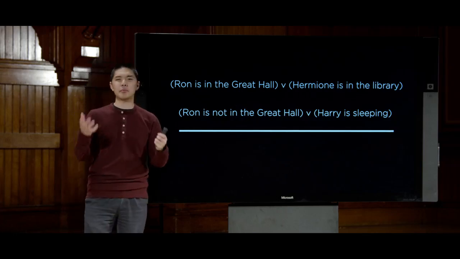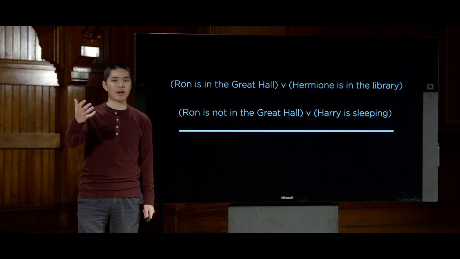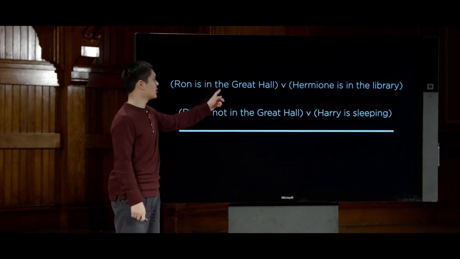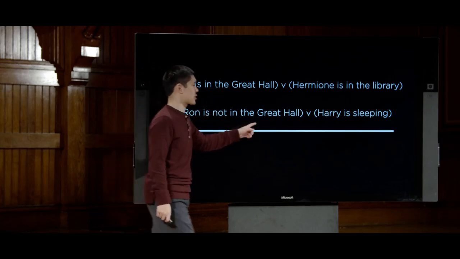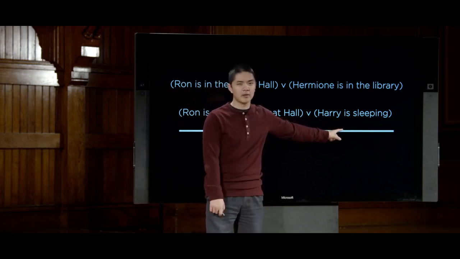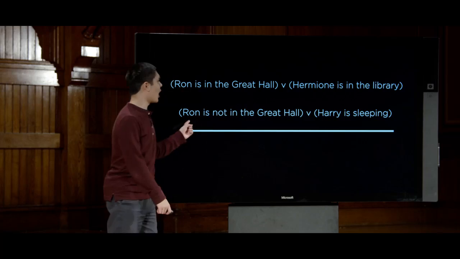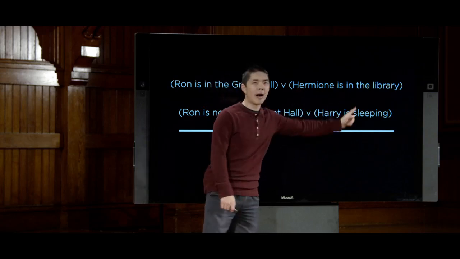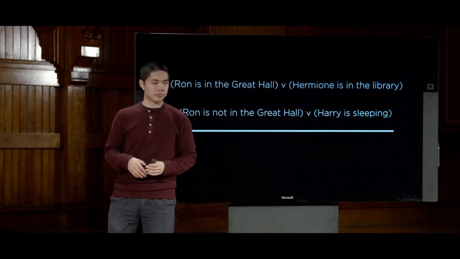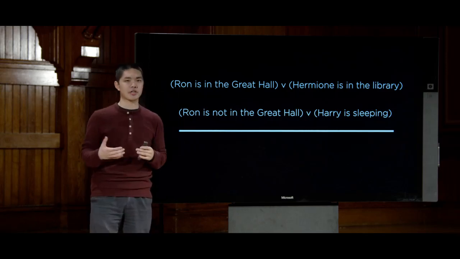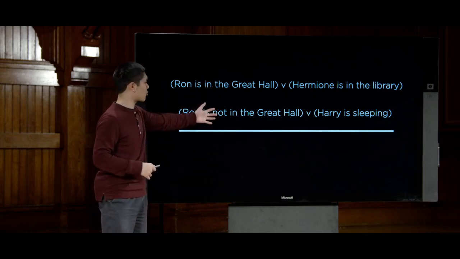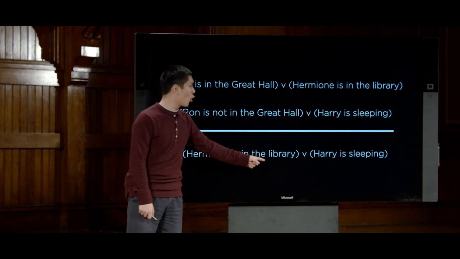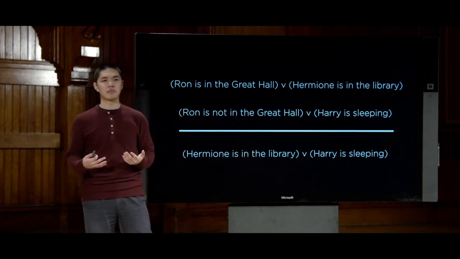Well, again, for any propositional symbol, like Ron is in the Great Hall, there are only two possibilities. Either Ron is in the Great Hall, in which case, based on resolution, we know that Harry must be sleeping, or Ron is not in the Great Hall, in which case we know, based on the same rule, that Hermione must be in the library. Based on those two things in combination, I can say, based on these two premises, that I can conclude that either Hermione is in the library or Harry is sleeping.